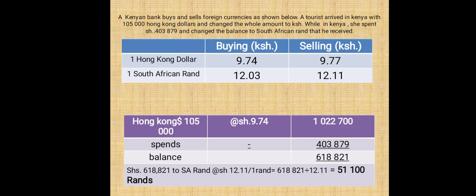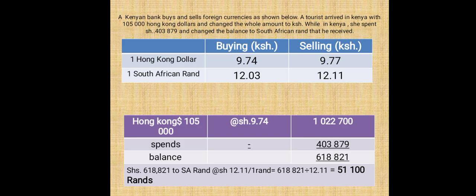A Kenyan bank buys and sells foreign currencies as shown. A tourist arrived in Kenya with 5,000 Hong Kong dollars and changed the whole amount to Kenyan shillings. While in Kenya, he spent 403,879 shillings and changed the balance to South African rand. What did he receive?